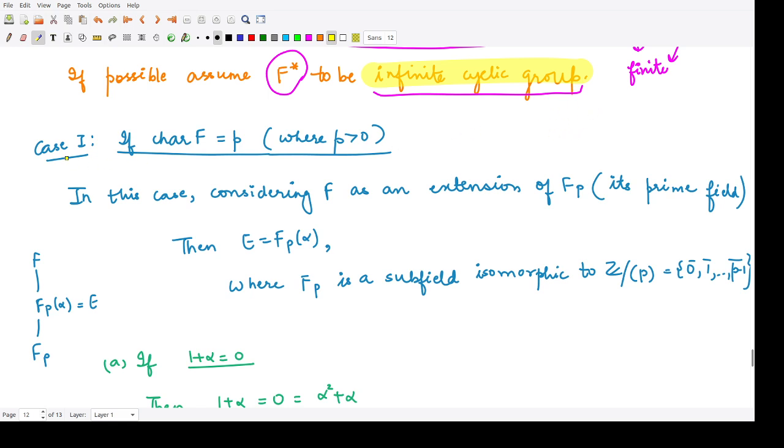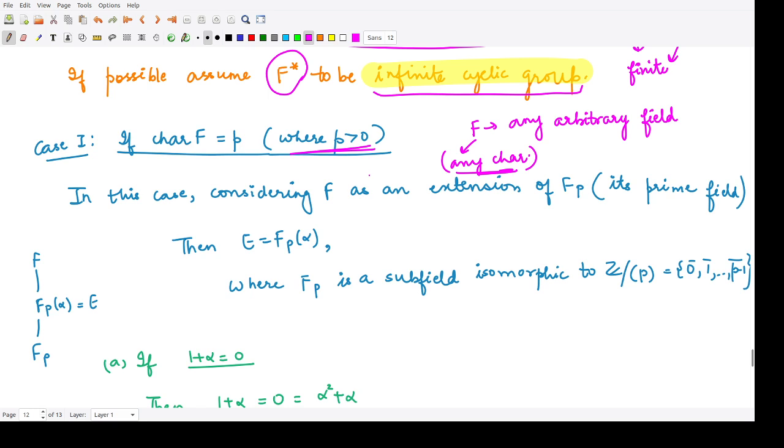So here in the first case, we assume that now F is any arbitrary field. So that means it could have any characteristic. In general, we assume in the first case that the characteristic of F is p, where p is some positive prime.